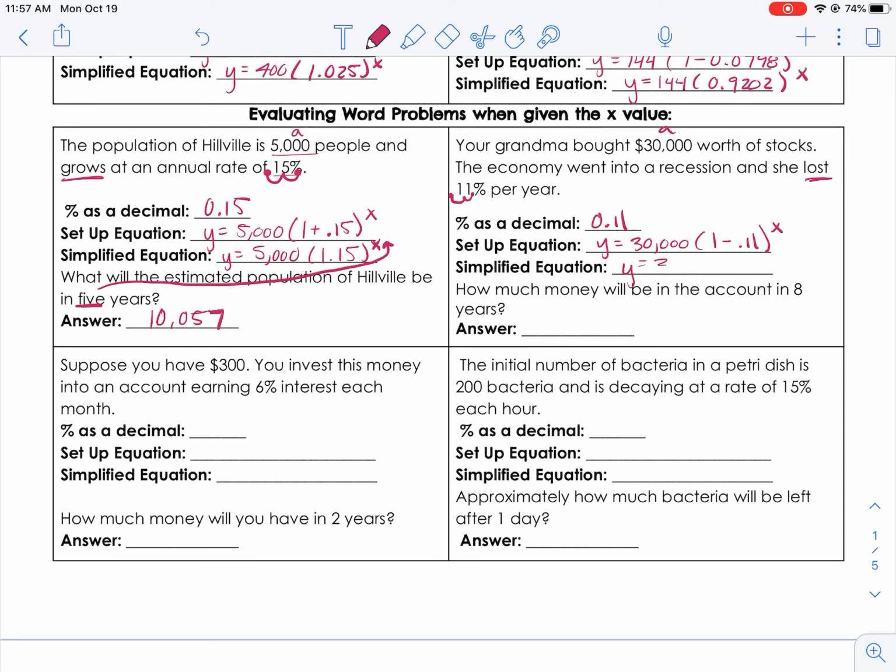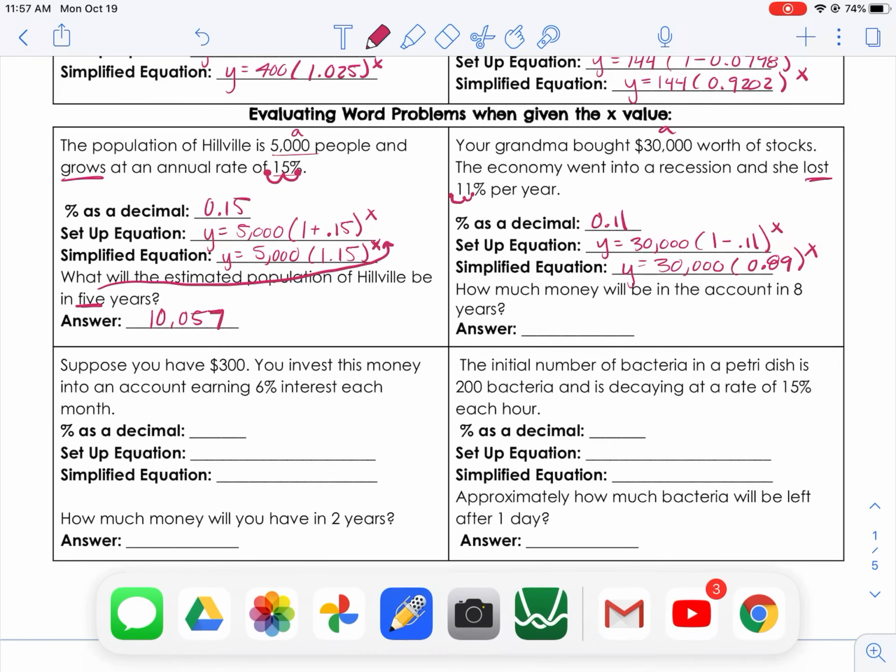If I simplify that, I've got 30,000 times 0.89 to the x.